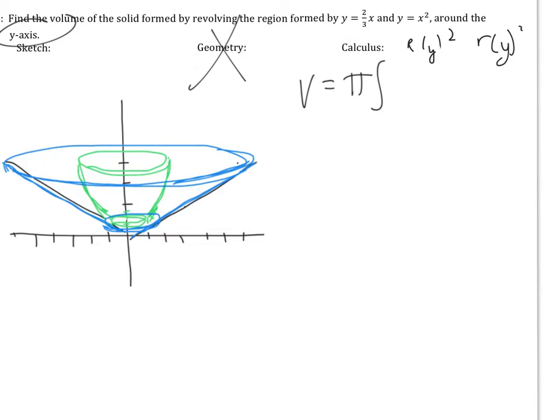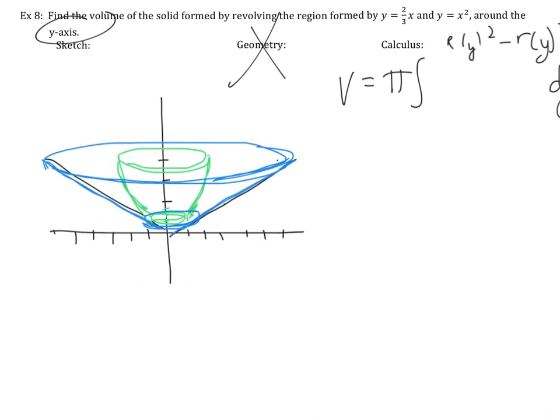The reason is that the thickness of my slice, my washer, if you will, is going to be dy because I'm slicing horizontally. So if I look at just one of these slices, it's going to be something like this, but then it's got that inner circle as well. And it's going to have this little tiny thickness that we're going to call dy.